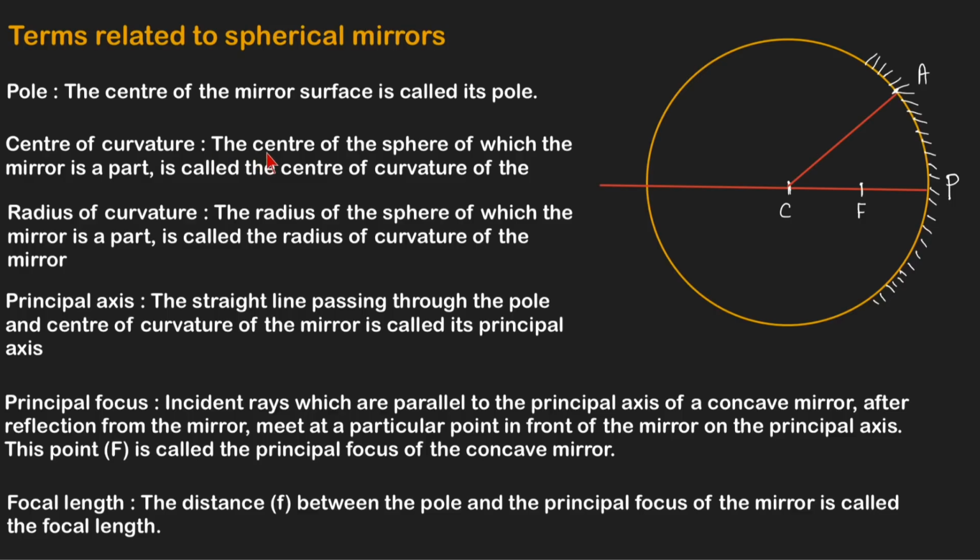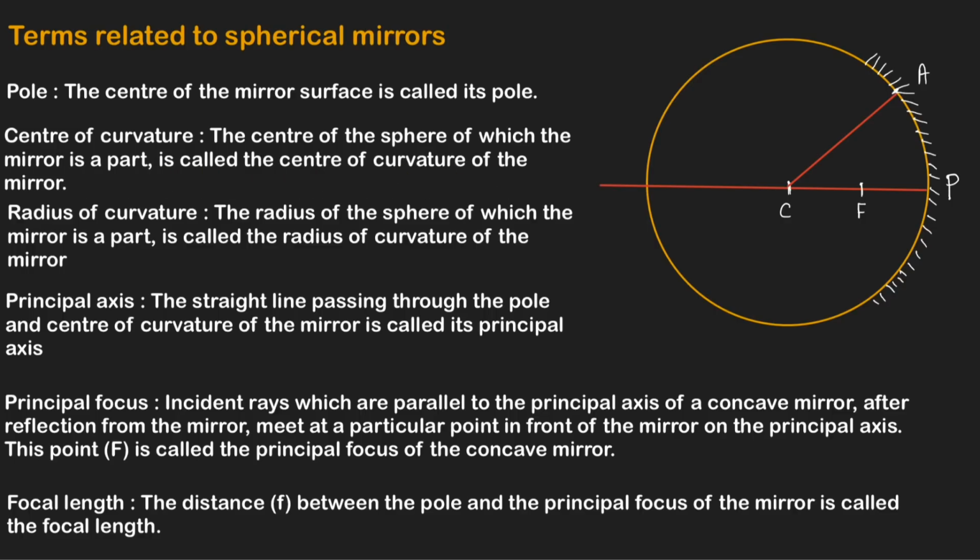The center of the sphere of which the mirror is a part is called the center of curvature. The spherical mirror we have considered is a part of one sphere, and the center of that sphere is called the center of curvature of that mirror.